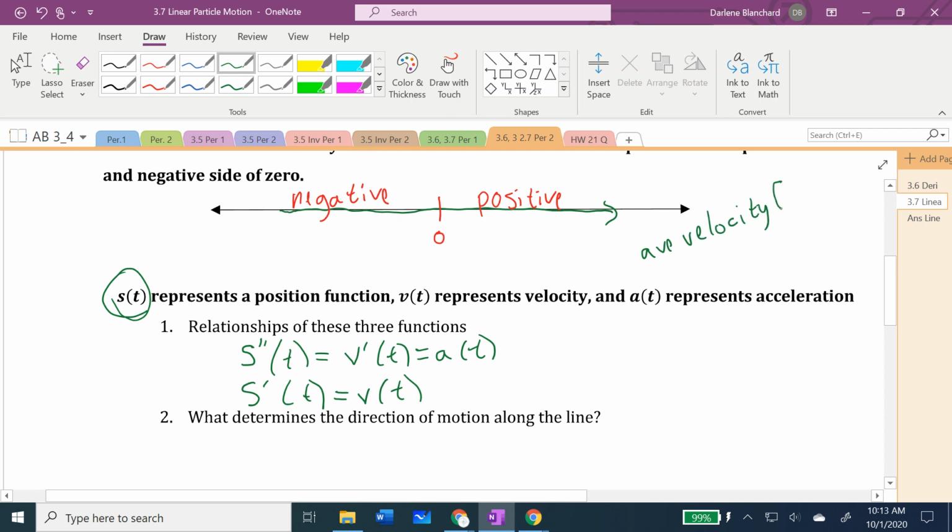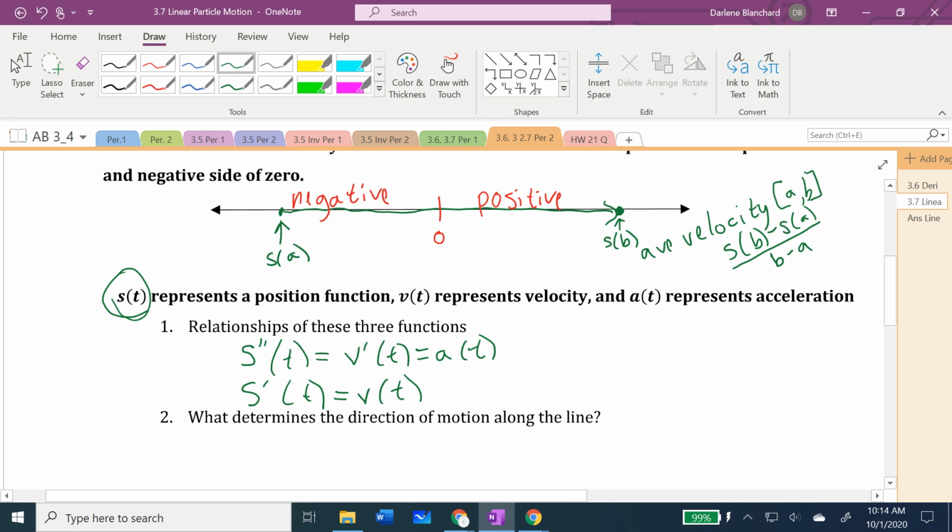So let me point out to you that if I look at average velocity over time frame A to B, and I have moved in a positive direction, then this is going to be my position at time B, and this is going to be my position at time A. When I do average velocity, I'm getting a positive change in position over a positive change in time.